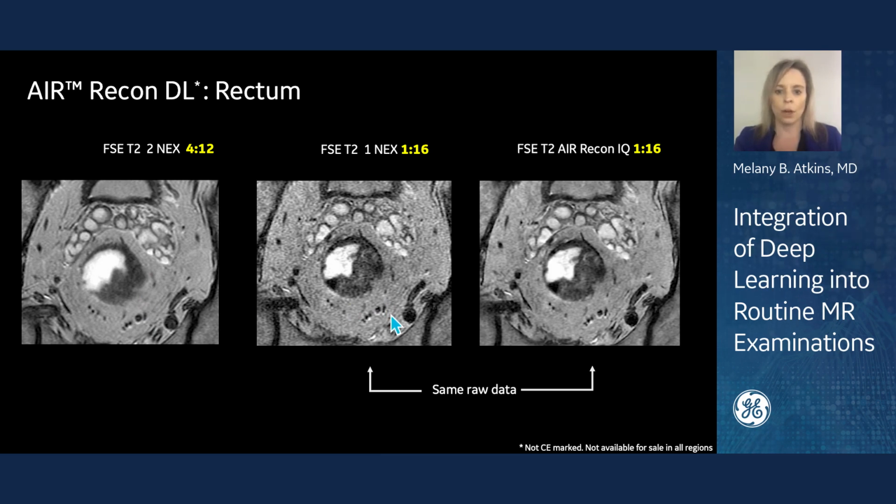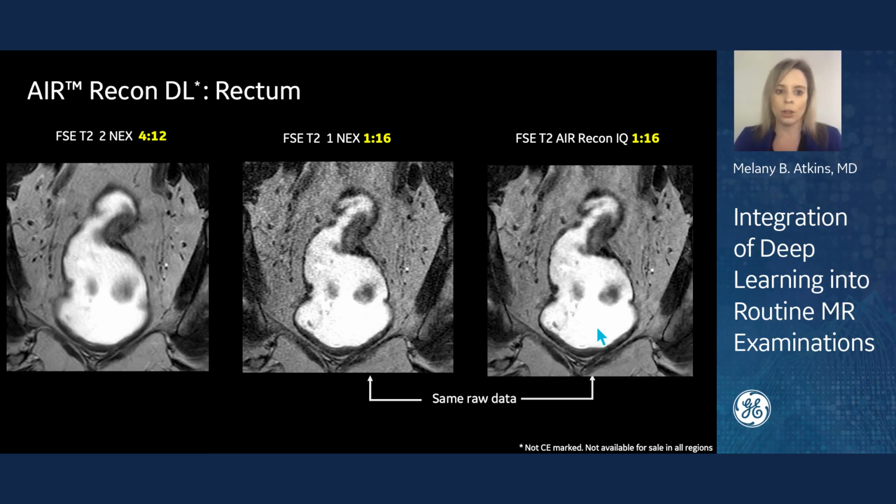This is our low resolution image where we decreased the nex and also increased acceleration, with an acquisition time of 1 minute 16 seconds. When we reconstruct with the DL Recon or the Air Recon algorithm, you can appreciate the tumor extension into the mesorectal fat much better, and you can also appreciate the muscularis. And we don't have the motion blurring that we have in the long acquisition series.